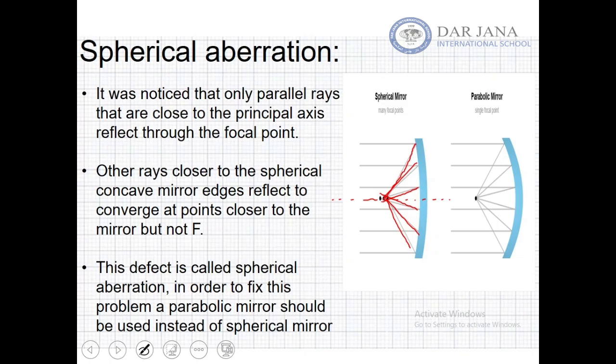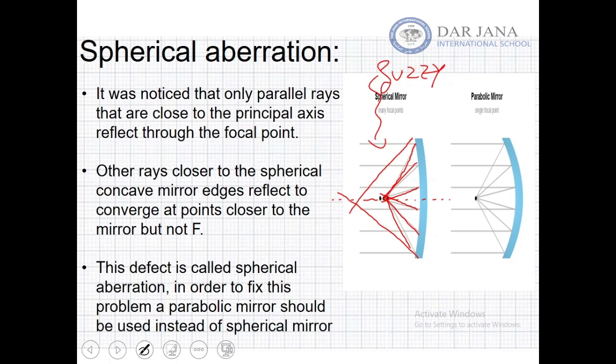And the more you reach the edges, the more the reflected rays will not pass through point F. This defect is called spherical aberration. The image in this case will not be clear at all. It appears fuzzy or blurry.